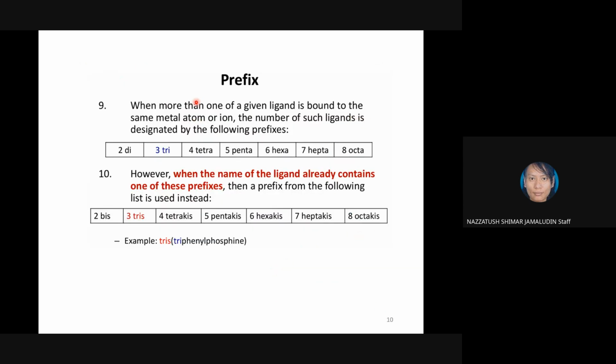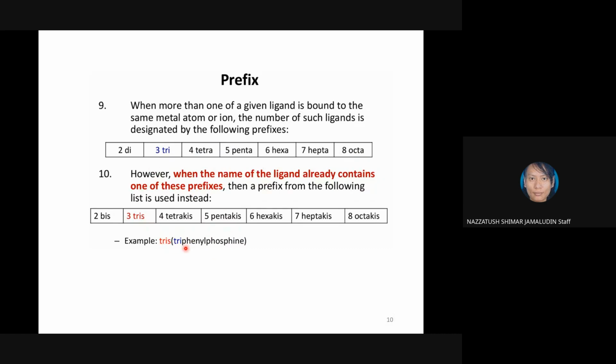This is the prefix that I mentioned earlier, the di, tri, tetra, and so on. This is to indicate the number of that particular ligand. If there are 5 chlorine in the coordination sphere coordinating to the metal, we don't call it 5-chloro, we call it pentachloro.